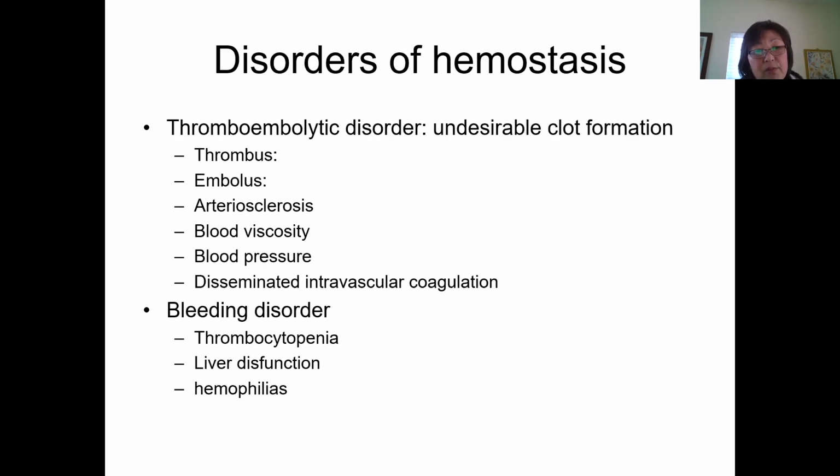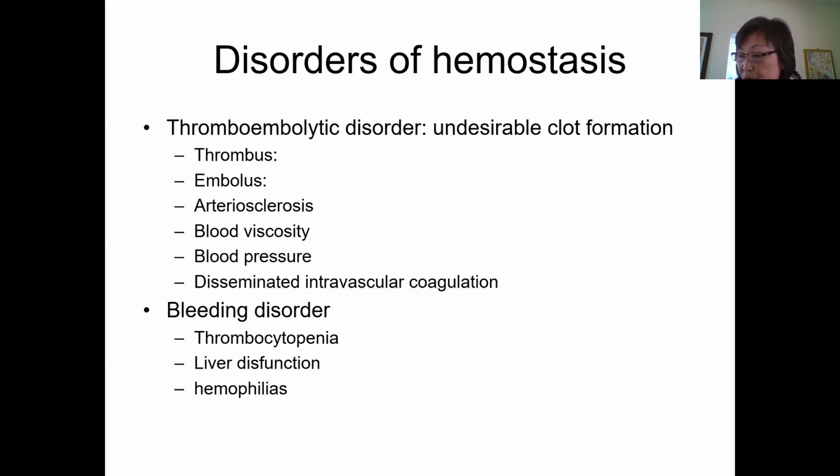Then you cannot form clots, right? Okay, so forming clots is a good thing in many ways. If you traumatize somewhere, cut your blood vessels, you want to stop bleeding, and that is important. But at the same time, you don't normally want to form a lot of clots in your blood circulation.